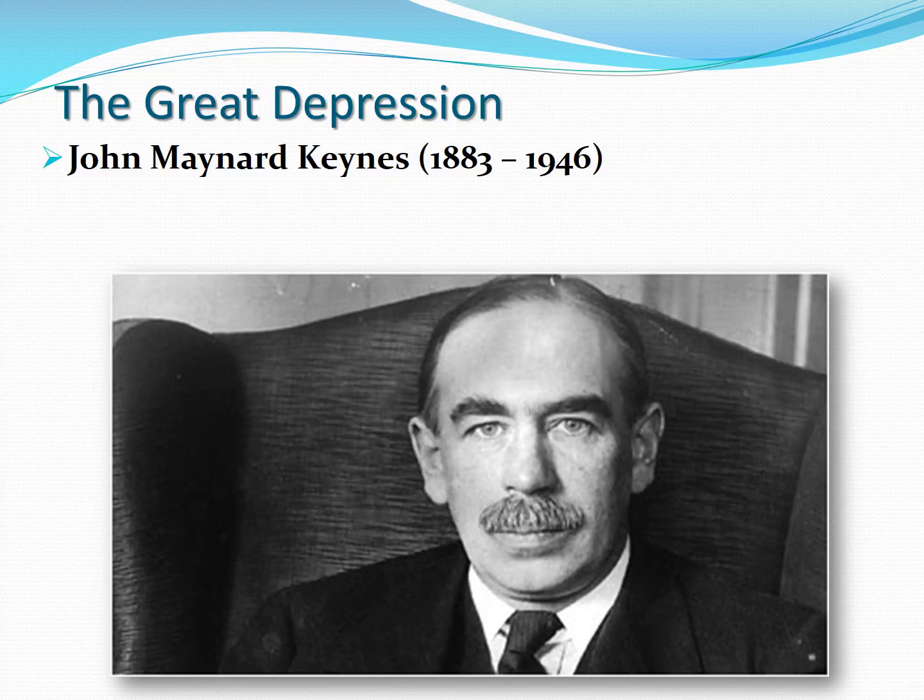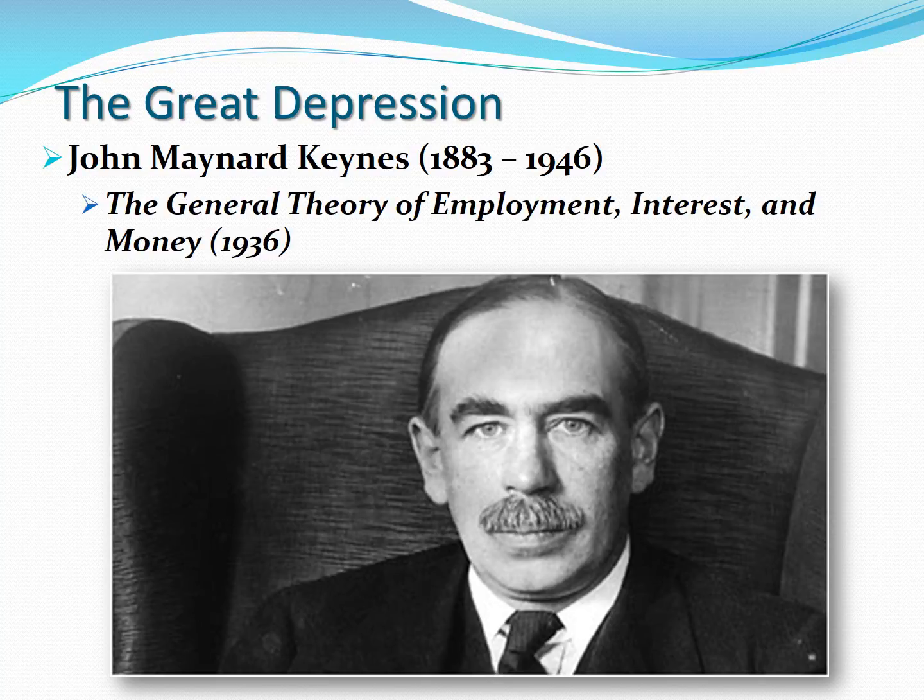And so after he had done this and the Great Depression was occurring, he set out to write a book, and he told his colleagues that this was going to be big. He knew that this was going to be important as he was writing it. And everyone was really excited for this book to come out.